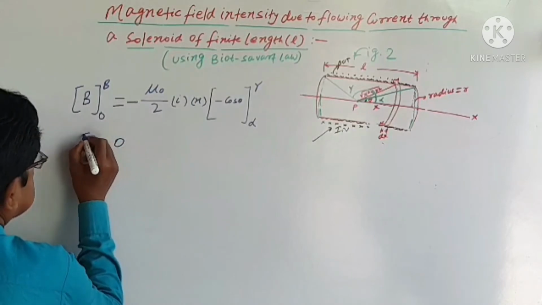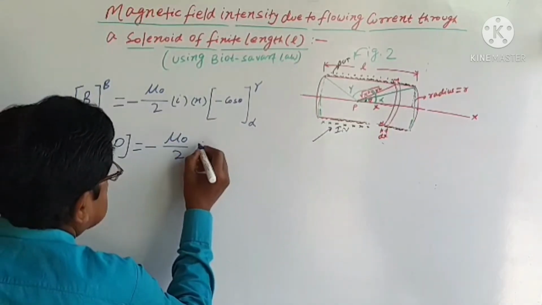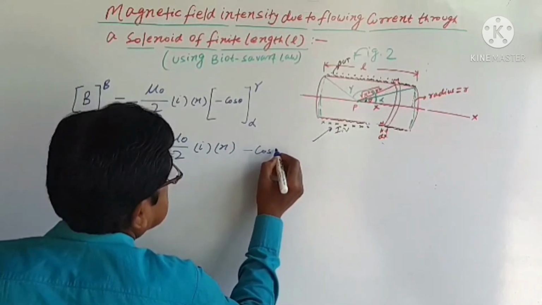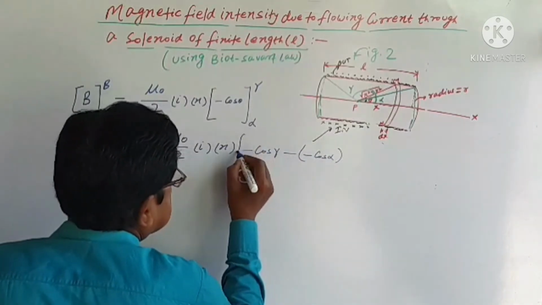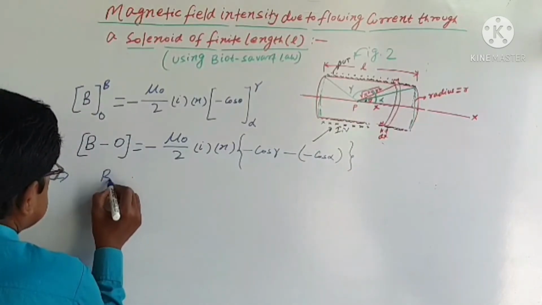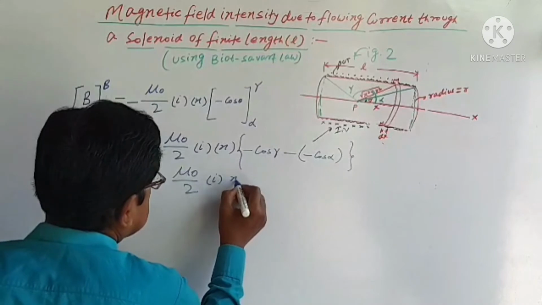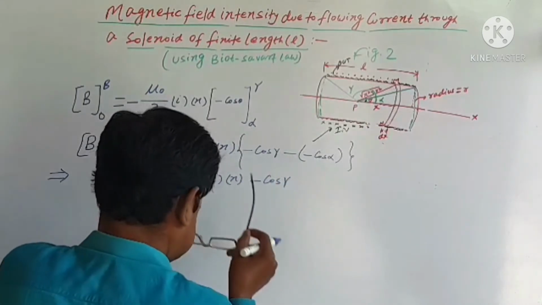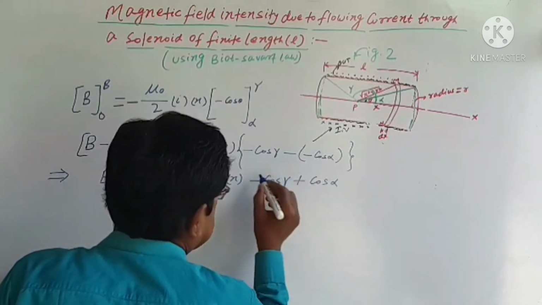Now, B minus 0 is equal to minus mu naught over 2 I n times minus cosine of gamma minus cosine of alpha, and this is equal to B is equal to minus mu naught over 2 I n times minus cosine of gamma plus cosine of alpha.